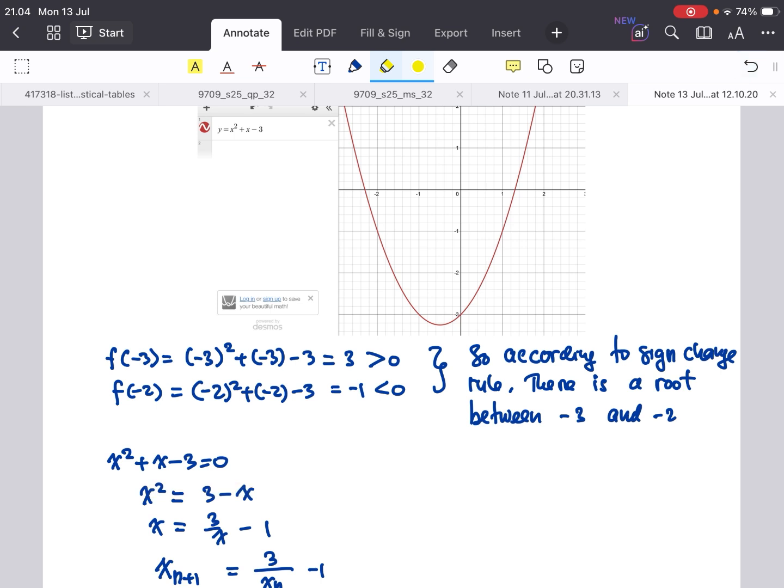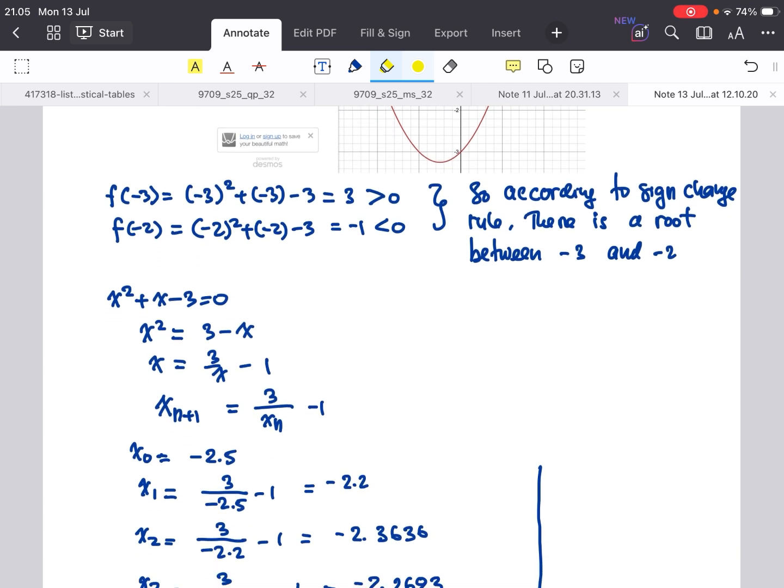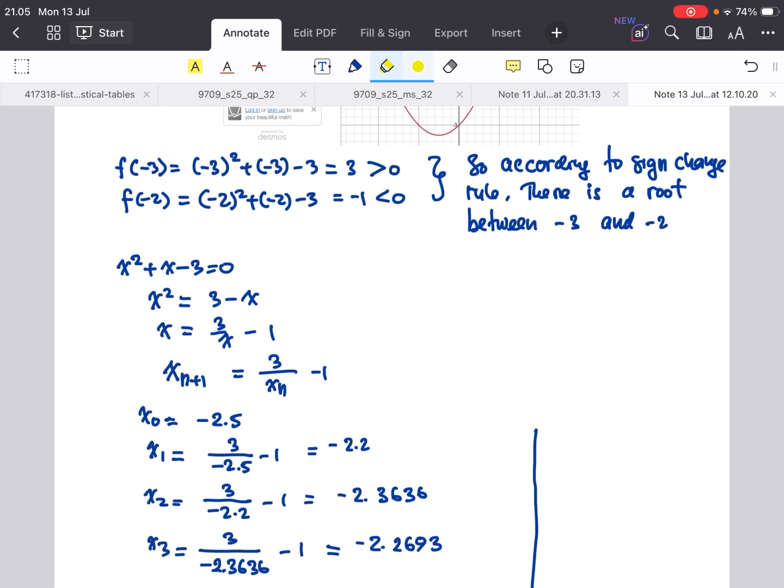So we have the similar equation, x equals 3 over x minus 1. This equation and the previous equation are actually the same. So now we use the iterative process: x n plus 1 is equal to 3 over x n minus 1.